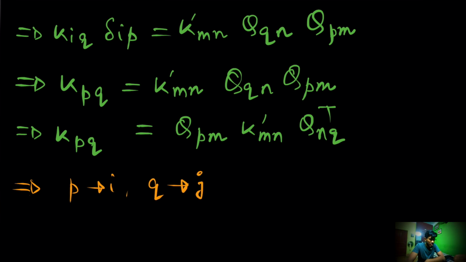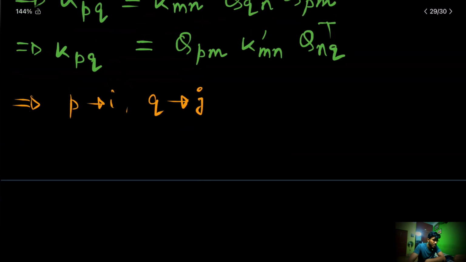Now don't confuse yourself by saying that he has told that we cannot change the free index by any other alphabet. That is true, but if I have to change this P by I, then I have to change all the free indices in all the terms in that equation.